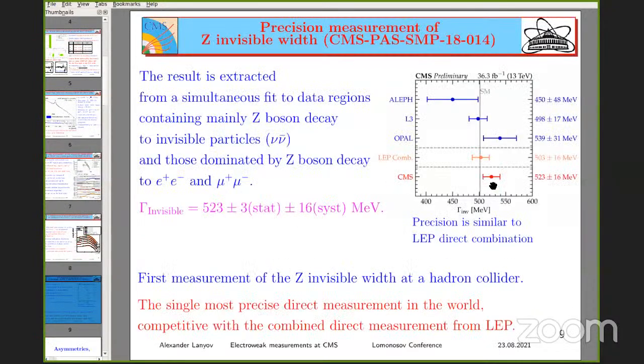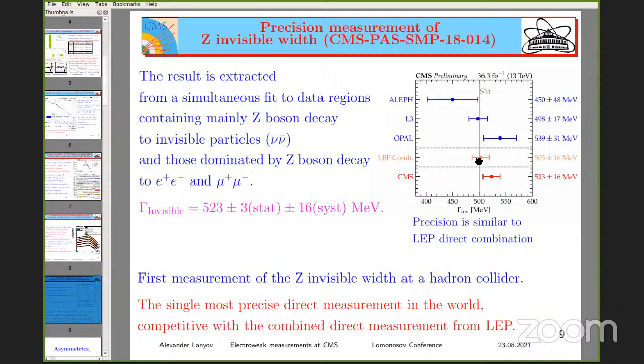Okay, and the next slide is for the precision measurement of the Z invisible width. The result is shown here for CMS. The invisible width is measured as 523 MeV plus or minus 23 MeV plus or minus 16 MeV.